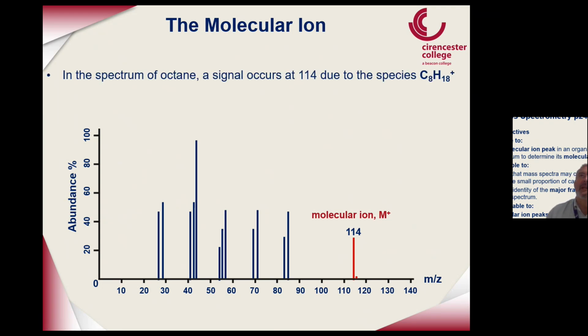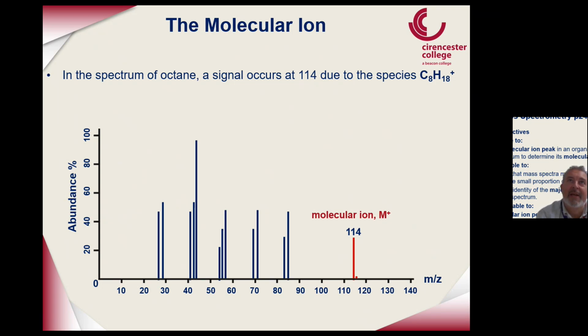So that is going to be occurring due to a specific molecular ion species. This is C8H18. Now, if you think of the general formula, are there any double bonds in it? No, because 8 times 2 plus 2 is 18. So that is just an alkane. It is octane, obviously, C8.